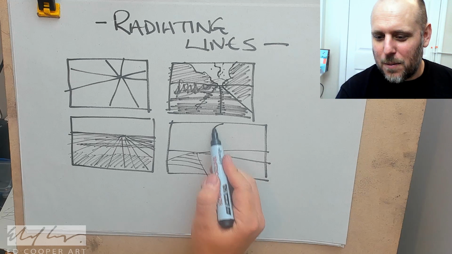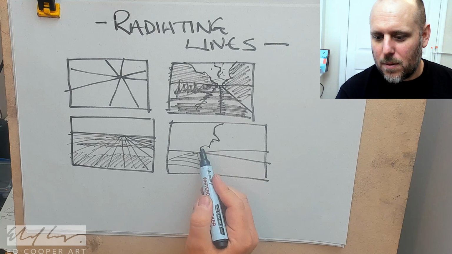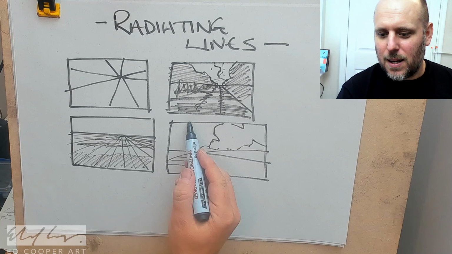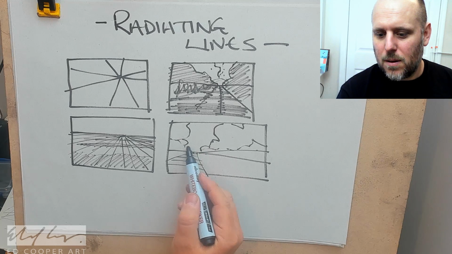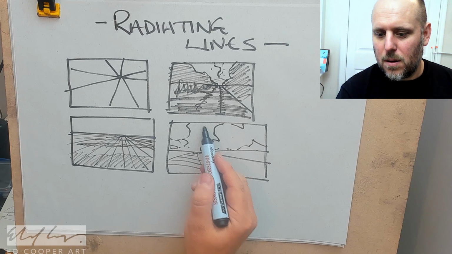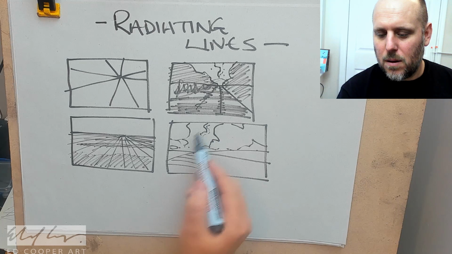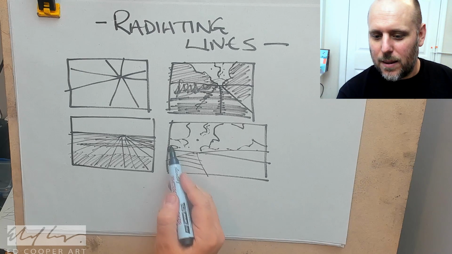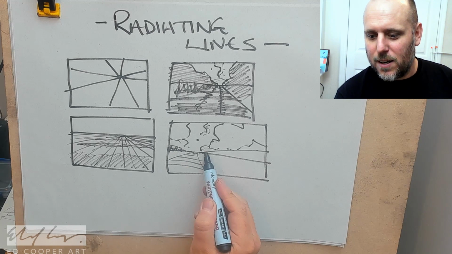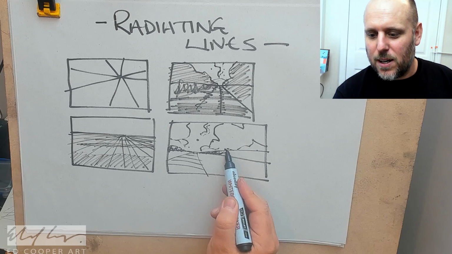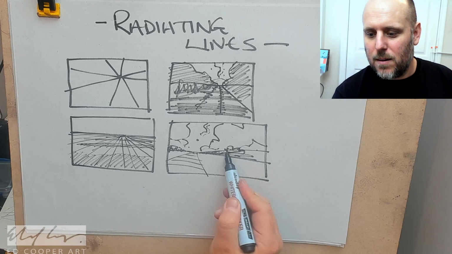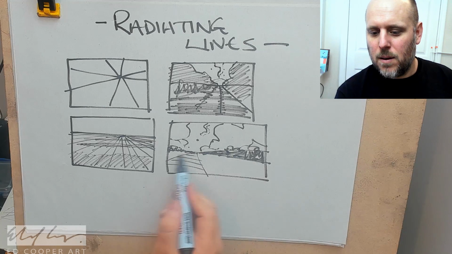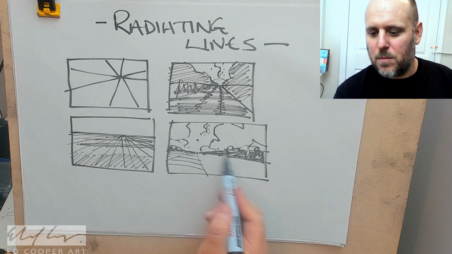So there's a cloud. Another cloud like that. And then maybe some sort of tree line here. This could be another tree line here. Okay, and that's going to be our field.